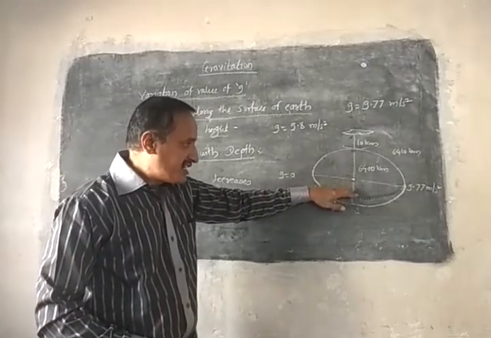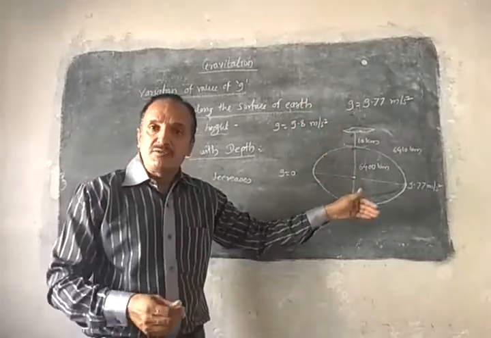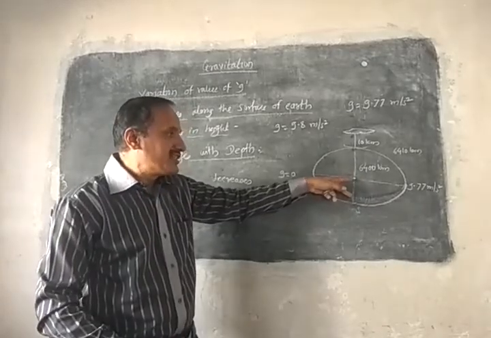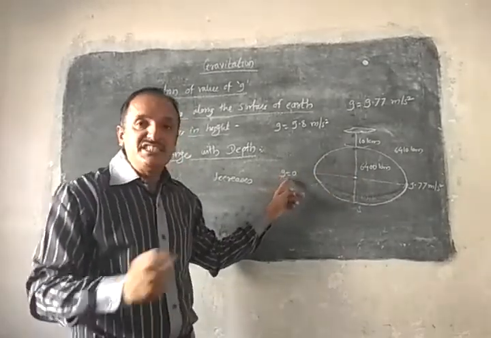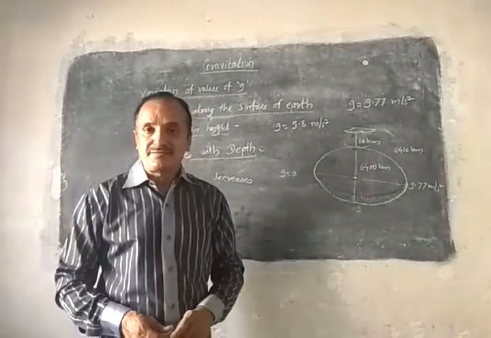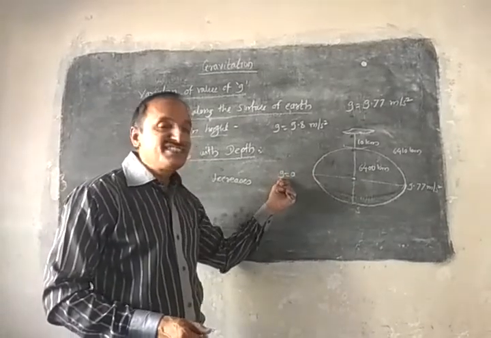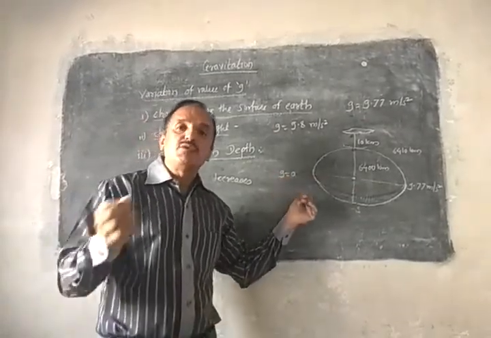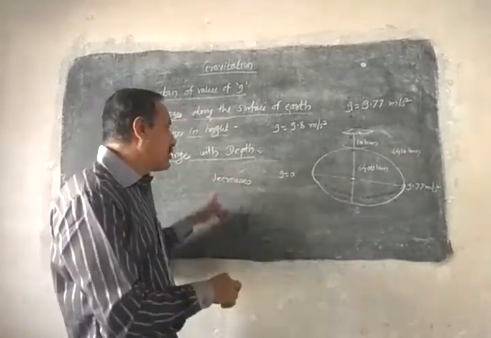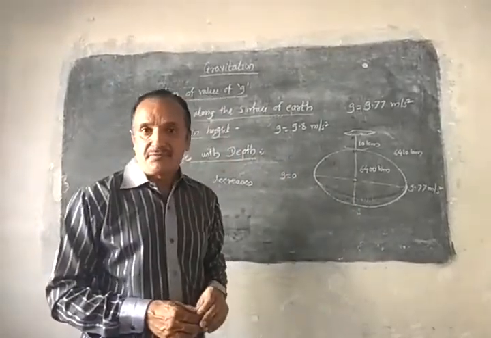When the object is taken down, the distance changes, the value of g decreases, and the mass of the Earth below also decreases. The mass of the Earth is less, and by combining the effect, the value of small g also decreases.